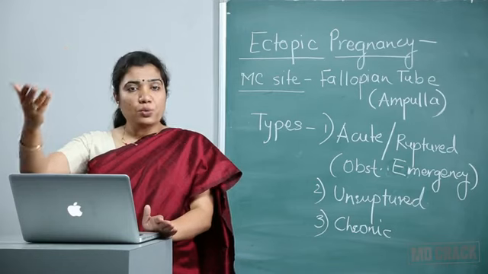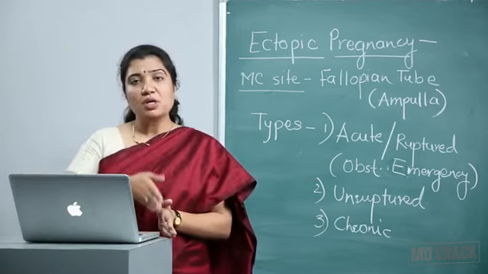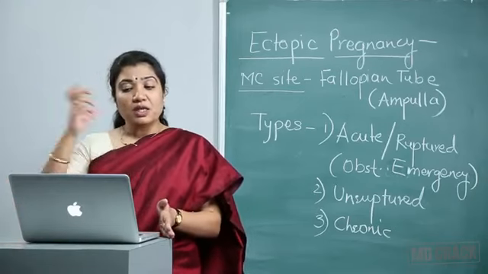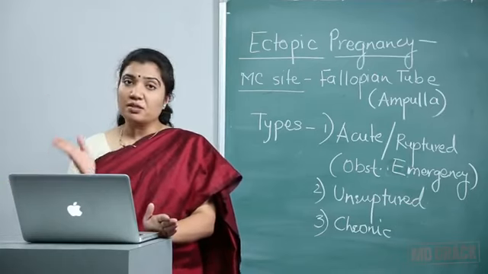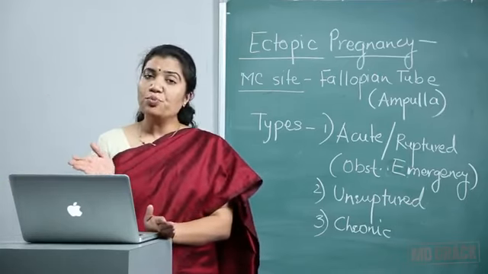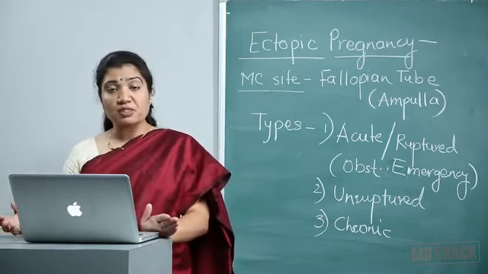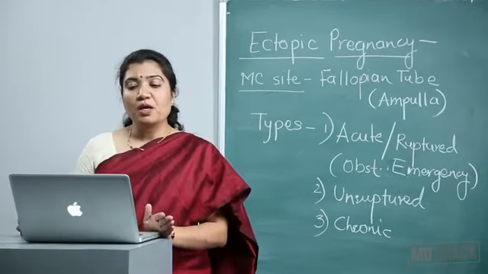And if you see the doubling time, means today I have done beta-HCG and I have repeated the levels after 48 hours, there will not be doubling. Doubling time in plasma will fail. The rise in beta-HCG would be less than 66%. Ideally, it should double in 48 hours if the pregnancy is growing in the uterine cavity, but it will not happen.